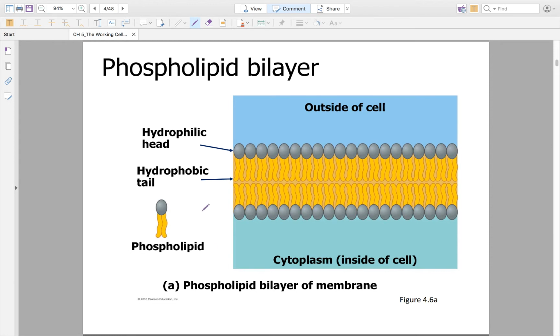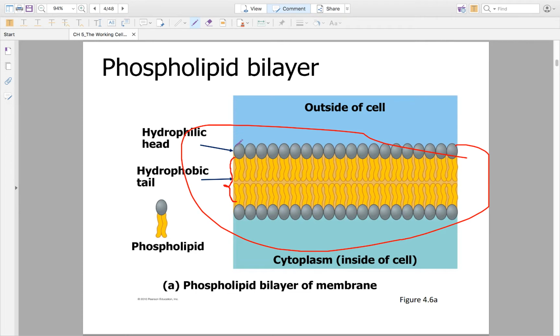And earlier I mentioned that these phospholipids align, and they do. So let's say I grabbed a bunch of phospholipids, all of these, and I tossed them in a bucket of water. They would immediately repel water. The hydrophobic tails would all align and face one another.